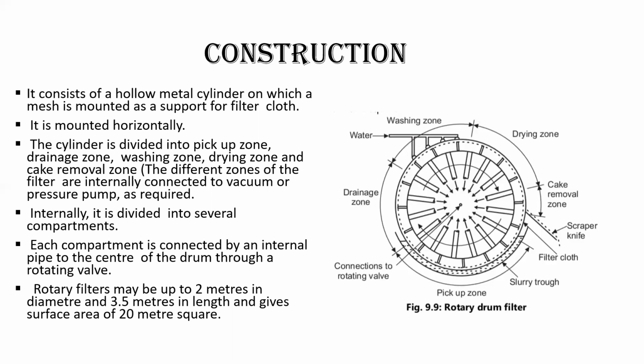These zones are internally divided into several compartments, and each compartment is connected to the center of the drum with a pipe through a rotating wall. The filter has a diameter up to 2 meters and a length up to 3.5 meters, providing a surface area of 20 square meters. So this is the construction of the rotary drum filter.